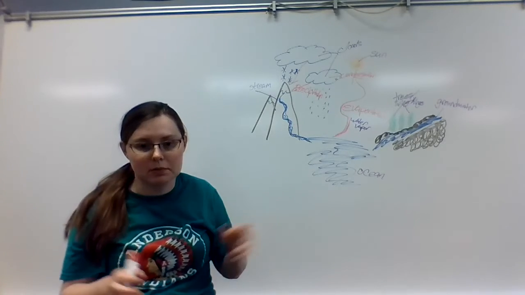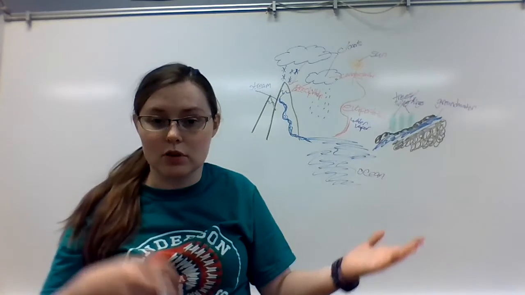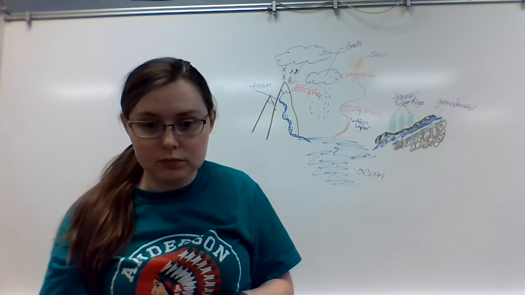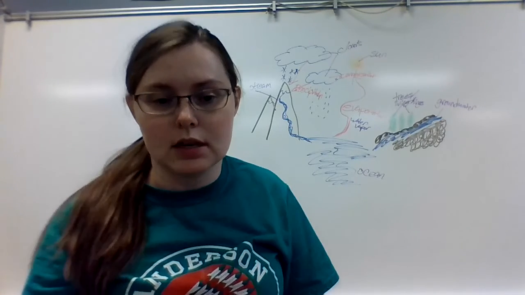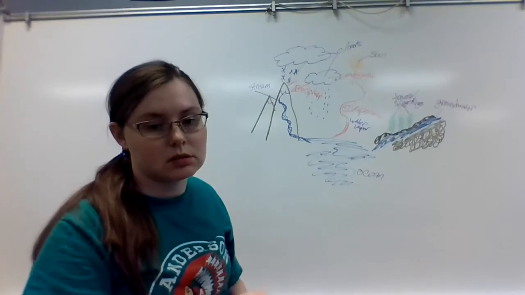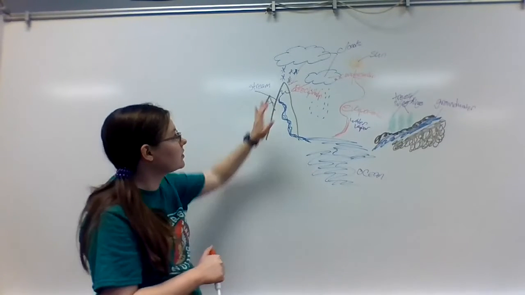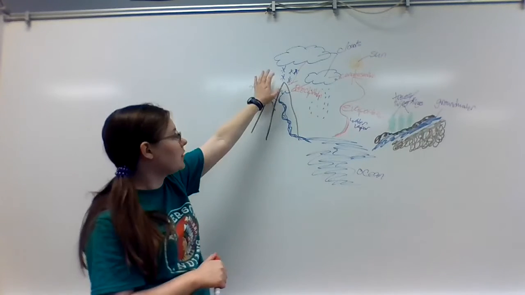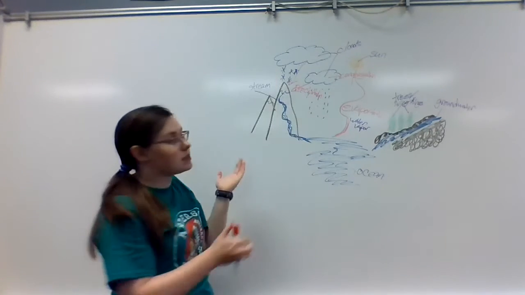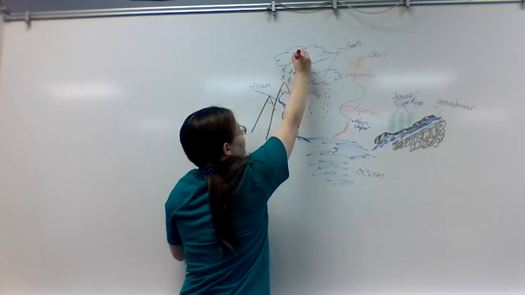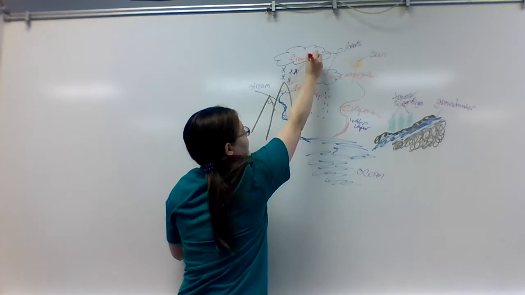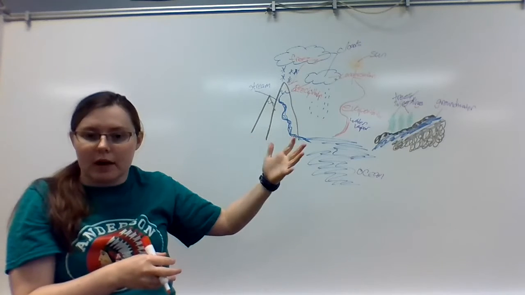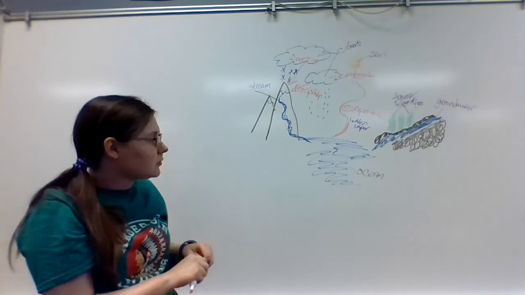Of course, if it's coming down as rain, then it stayed in the liquid state. But if it comes down as snow, then freezing happened somewhere in this cloud, the process of freezing, getting into our third state of matter, solid water.